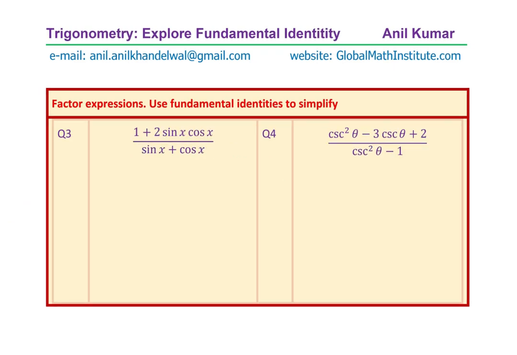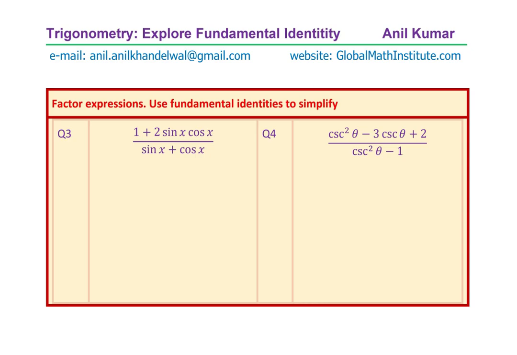The next one here is 1 plus 2 sin x cos x over sin x plus cos x, and then we have cosecant square theta minus 3 cosecant theta plus 2 over cosecant square theta minus 1. Now, the first one, which is 1 plus 2 sin x cos x, and the denominator is sin x plus cos x.